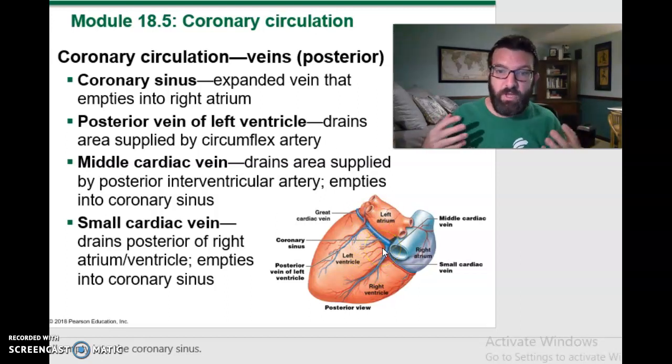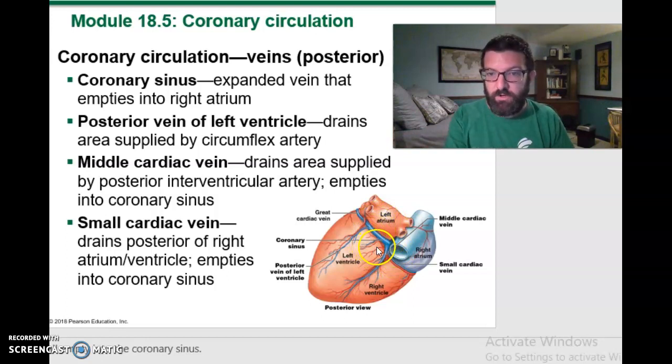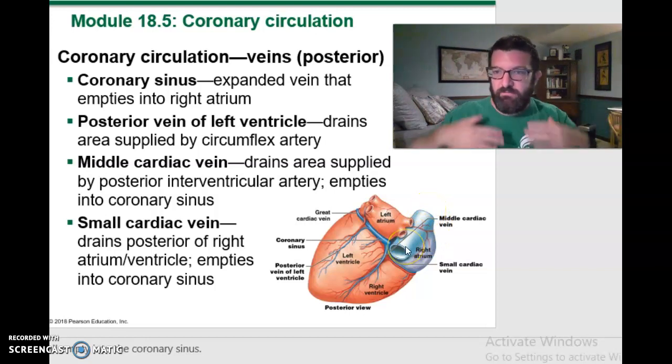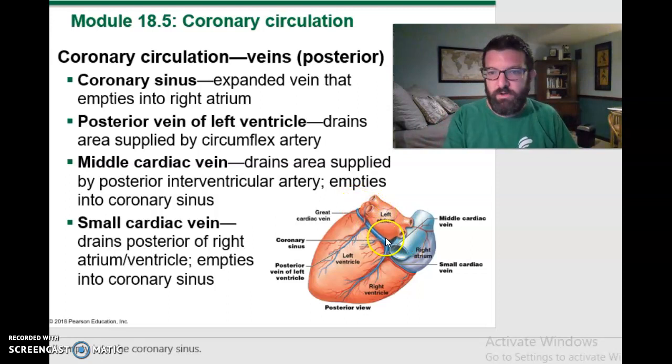It's where all of the blood from the coronary system dumps. So I definitely want you to remember that coronary sinus. And it ultimately dumps its blood back into the right atrium. So the right atrium gets deoxygenated blood from the superior vena cava, from the arms and head, the inferior vena cava from the chest and abdomen and legs, and the coronary sinus from the heart itself.